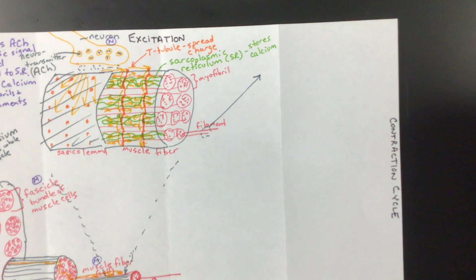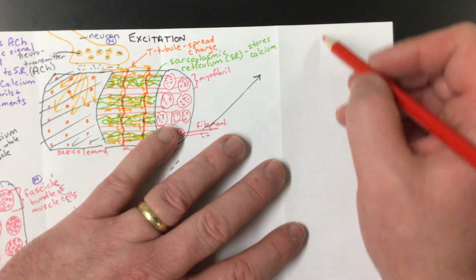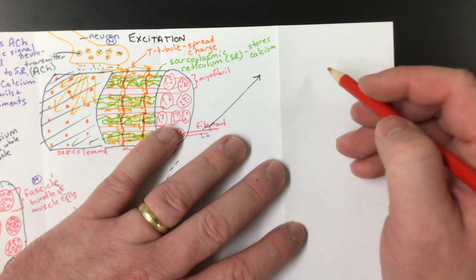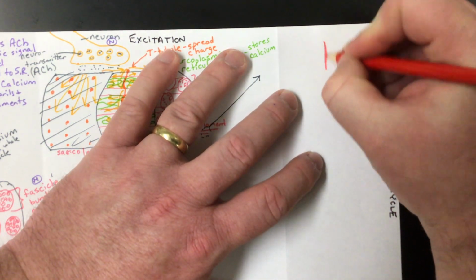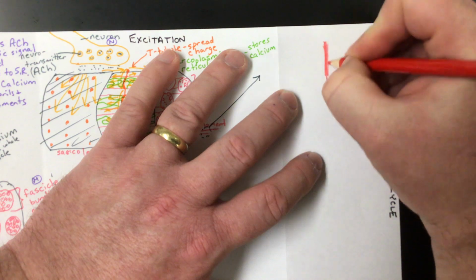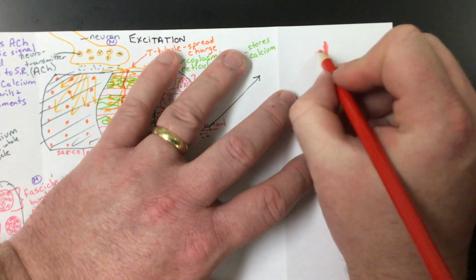So filaments come in two different flavors, and those different flavors are thick filaments and thin filaments. So let's draw how those look up here. So I'm going to draw all of my thick filaments in red. All right, so these are going to be nice and thick.